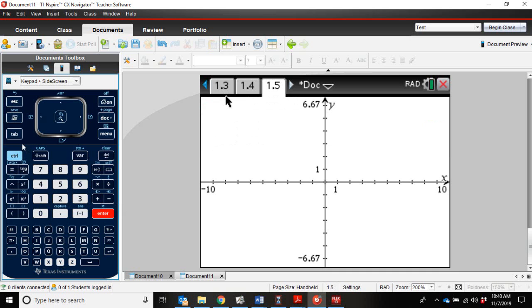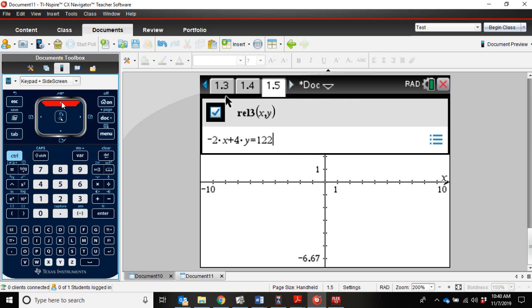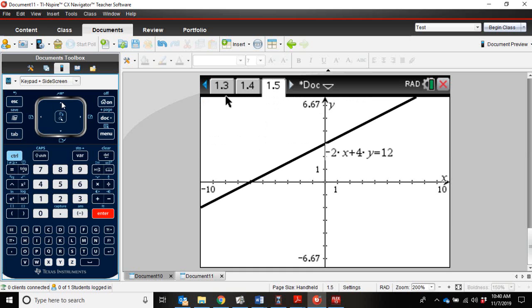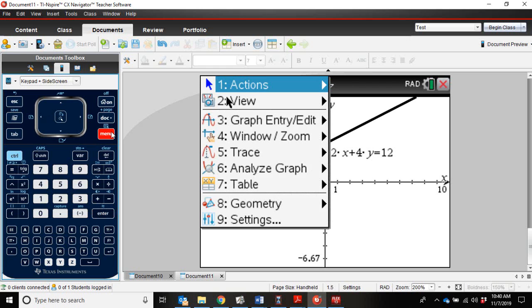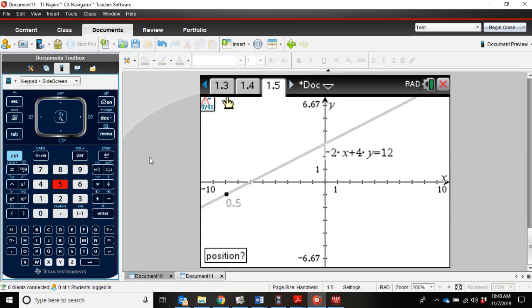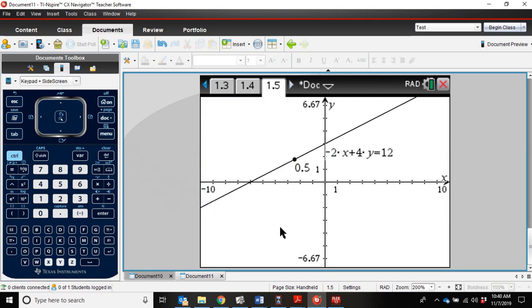Oops, I definitely put the wrong number. So when that happens, you just press tab, and if you scroll up, you can delete what you don't want or fix whatever you forgot to put in, and then press enter again. So there's my line. Go find the slope. So we find the slope by pressing menu 6, 5, and it tells me the slope is 0.5.